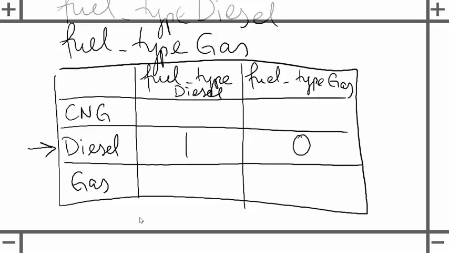If the car runs on gas, the value for fuel type diesel variable should be 0, and the value for fuel type gas variable should be 1. If the car runs on CNG, does it run on diesel? No, so this one is 0. Does it run on gas? No, this one is 0, right? And that's essentially how you can differently interpret or record the same exact equation, okay?